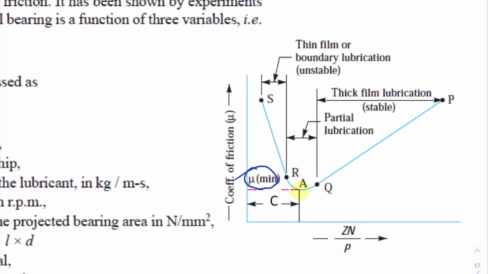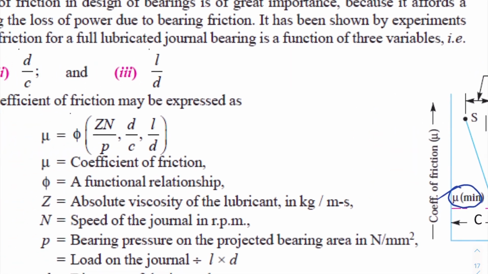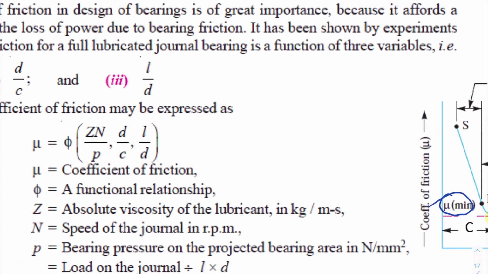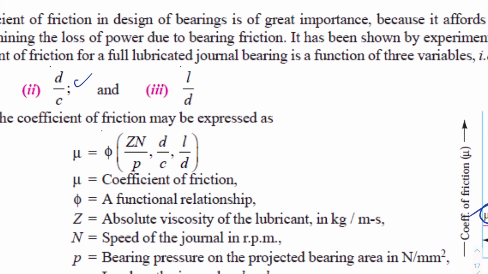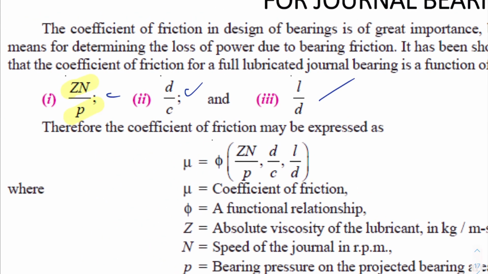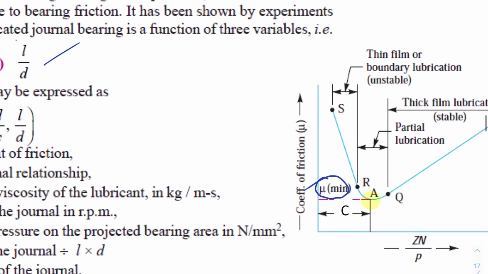So we have to find when the friction between the journal and bearing is minimum, and according to that we have to select or adjust these values Z and P, and this ratio D by C, and the third one, the L by D ratio. So all these three adjustments depend upon you needing a minimum value of friction.